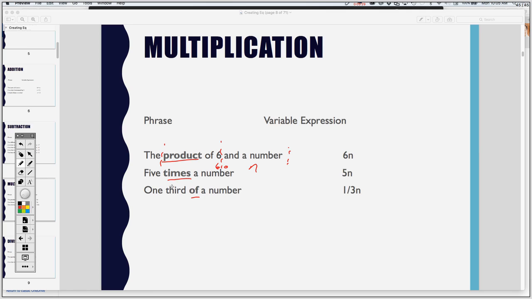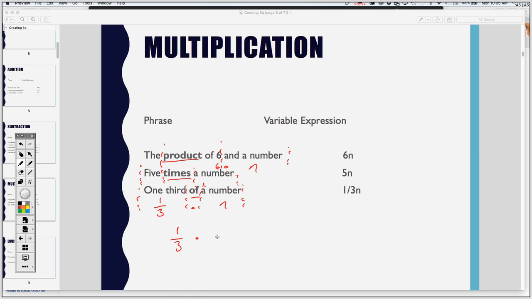So 5n. 1/3 of a number. Now this one's a little bit different. So 1/3, and then of, and a number, we'll put n. Now if you work it out, you know that this is n over 1.